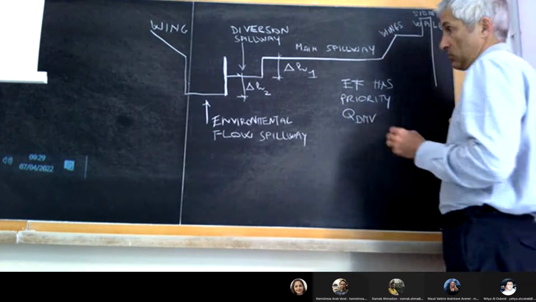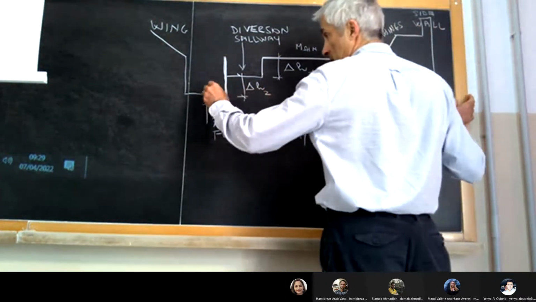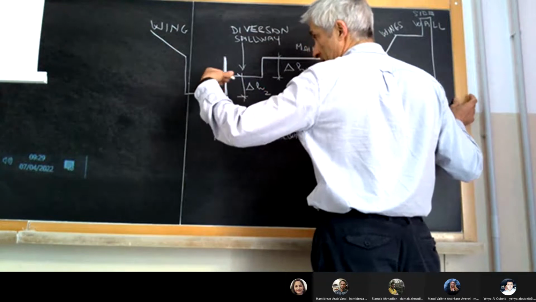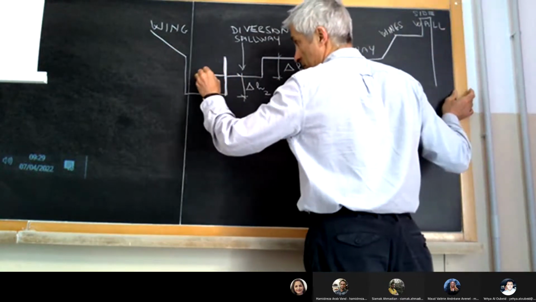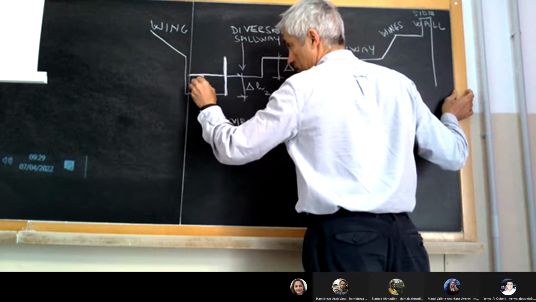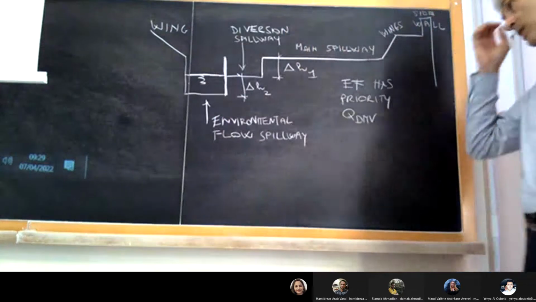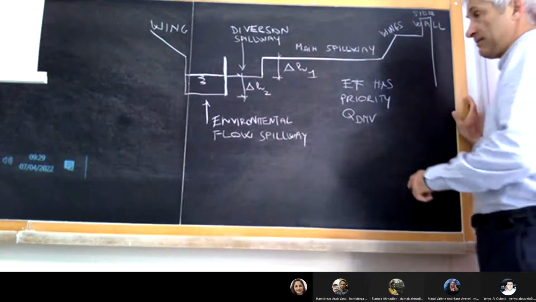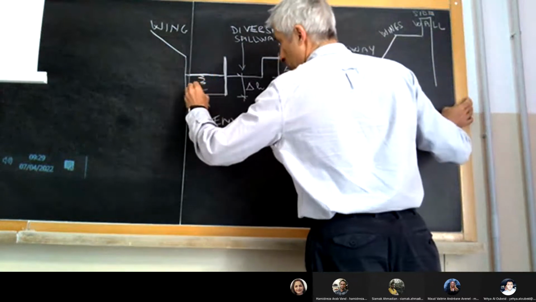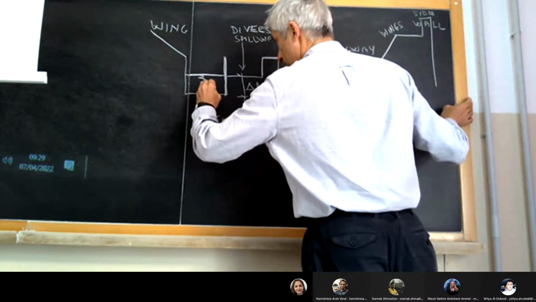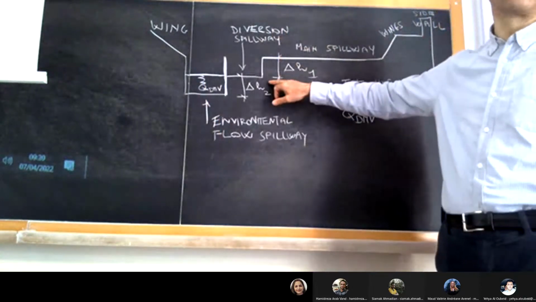Okay, so what is the moral of the story? When I have some flow arriving from upstream, this flow goes down through the environmental flow spillway. And I have to make sure that until I reach the value of QDMV here, through the environmental flow spillway, I'm not diverting any water.